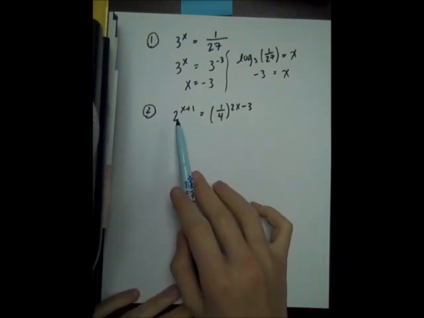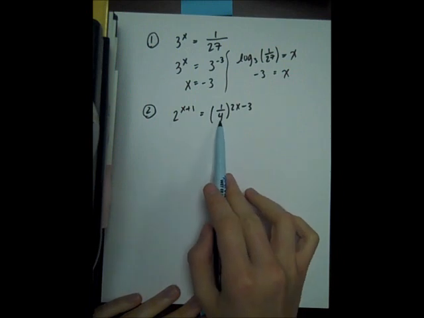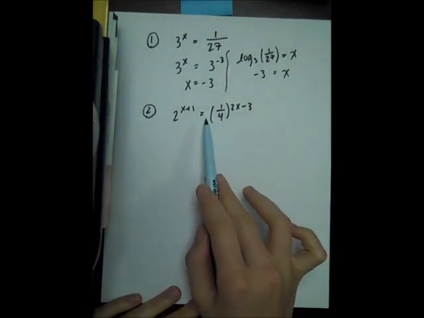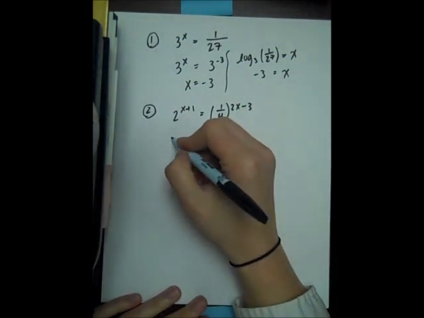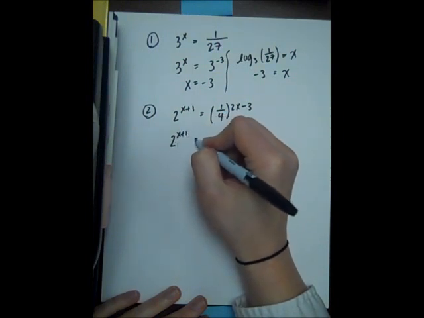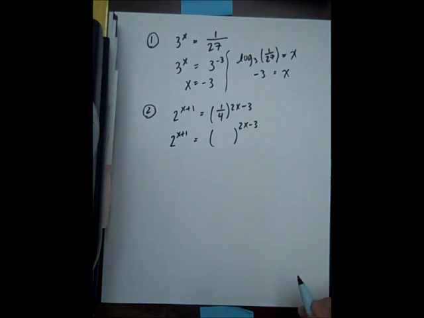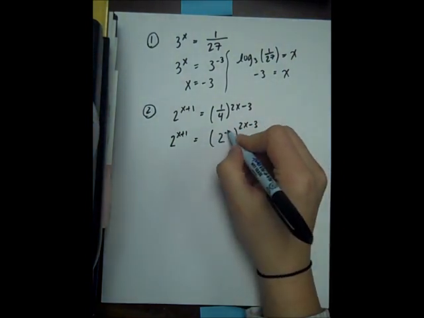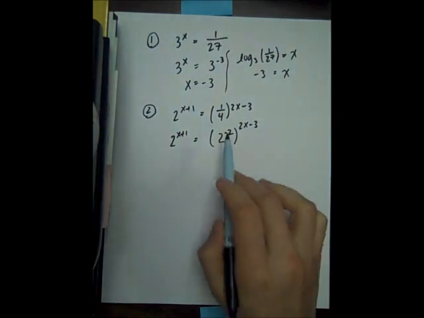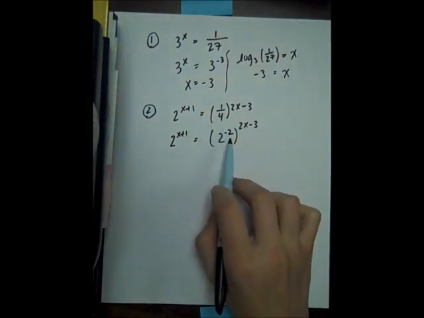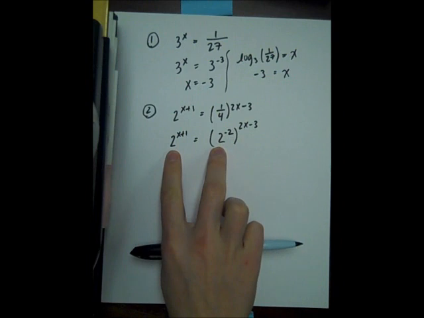Can I think of a way to write 2 and 1/4 in terms of the same base? Well, I think 2 might be the best base to choose. Can I write 1/4 as a power of 2? 2 to what power is going to give me 1/4? Well, 2 to the negative 2 is 1/4. So all I did was replace 1/4 with 2 to the negative 2, because now I have a common base.